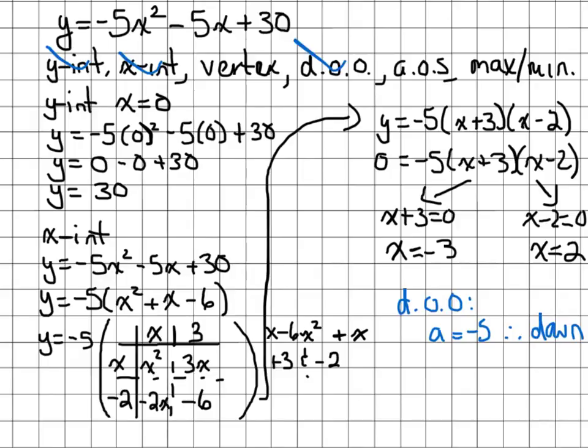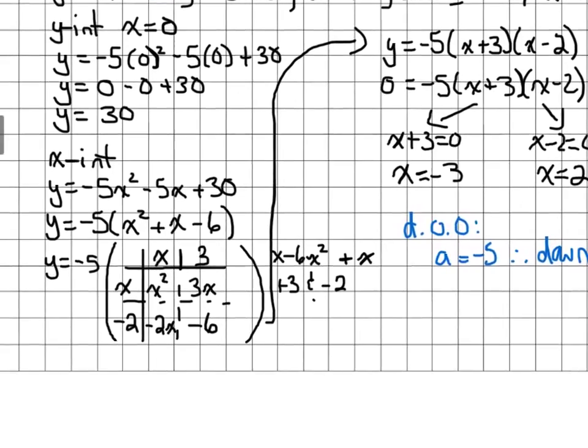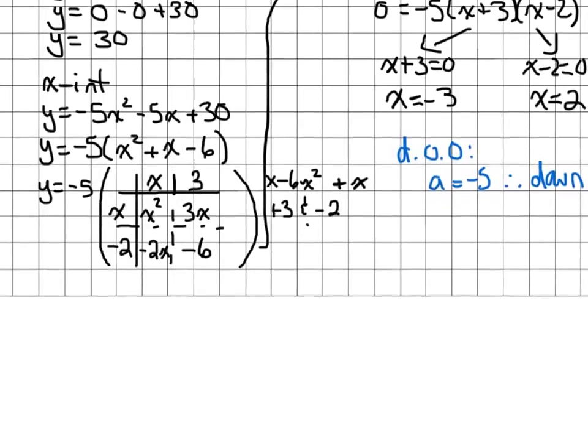So then what we need to do is find our axis of symmetry, our vertex, and our maximum or minimum value. So because we again have our x-intercepts, those are symmetric points, and we can use that to find the x-coordinate of the vertex, or the axis of symmetry.